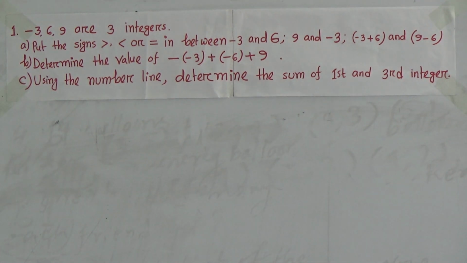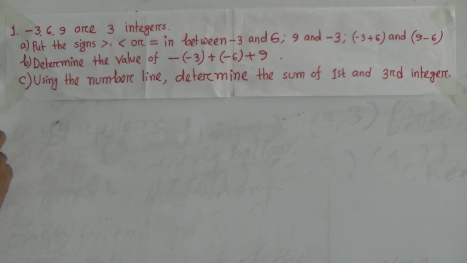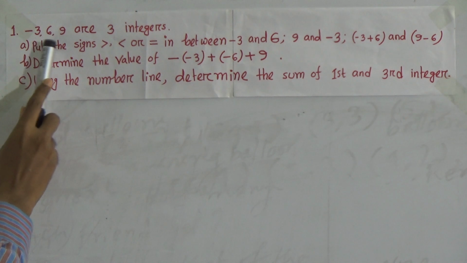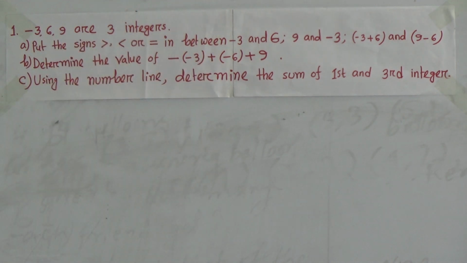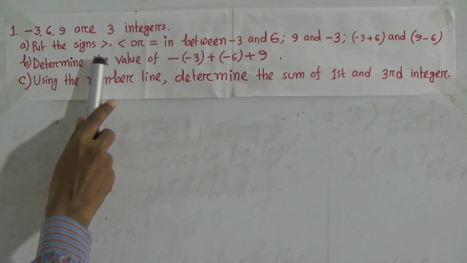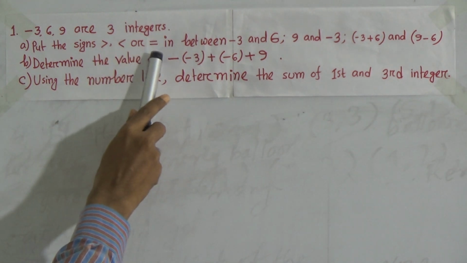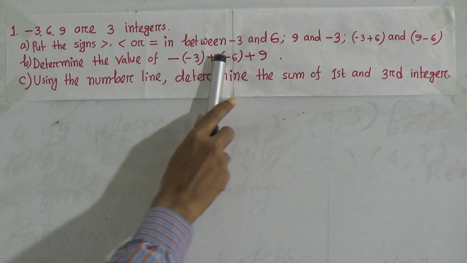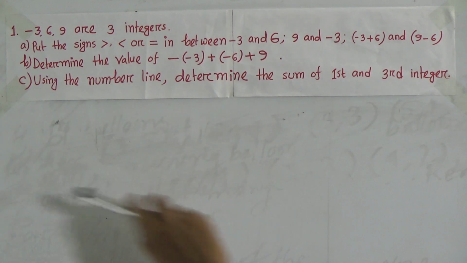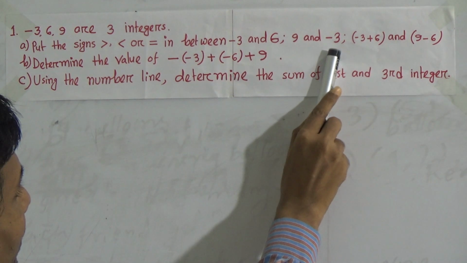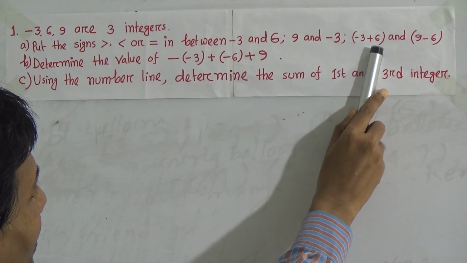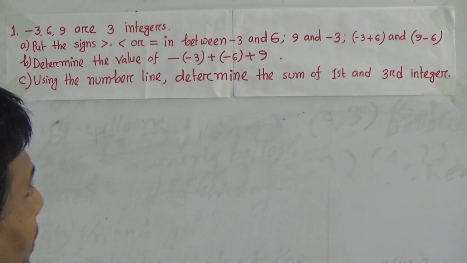Look, stamp one: -3, 6, 9 are three integers. Put the signs greater than, less than or equal sign in between -3 and 6, 9 and -3, -3 plus 6 and 9 minus 6.